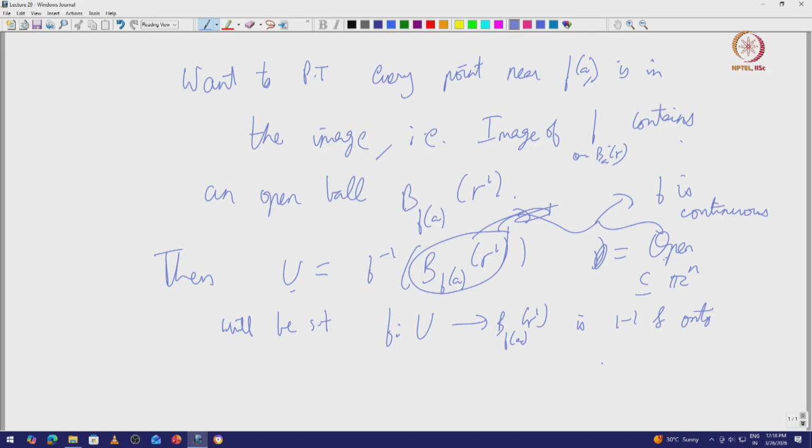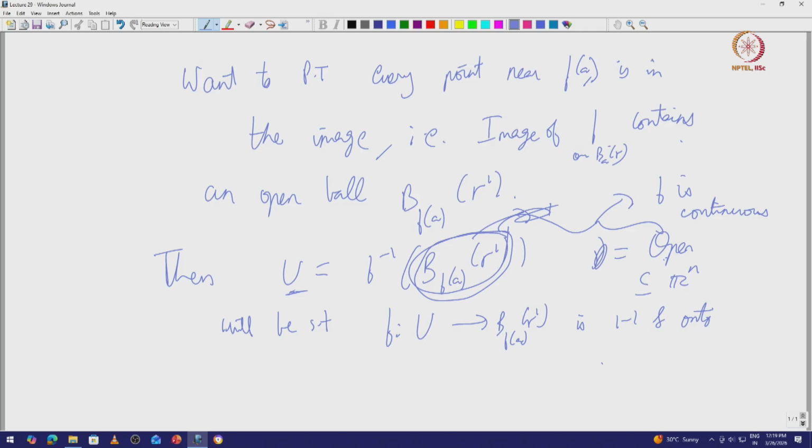A multivariable function from an open set in R^n to R^m, the codomain, is continuous if and only if the pre-image of an open set in R^m is an open set in R^n. This is an exercise which I told you to do, which is crucial. So the pre-image of an open ball will always be an open set.